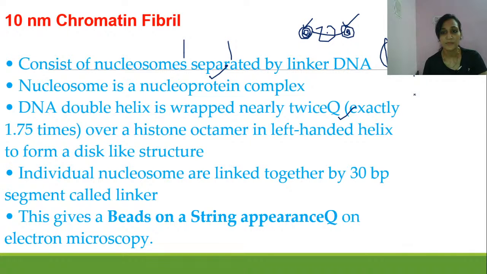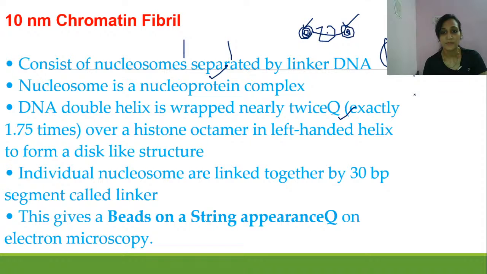This protein, histone octamer, is made up of 8 protein molecules which belong to 4 different groups, that is 8 individual protein molecules belonging to 4 different categories.